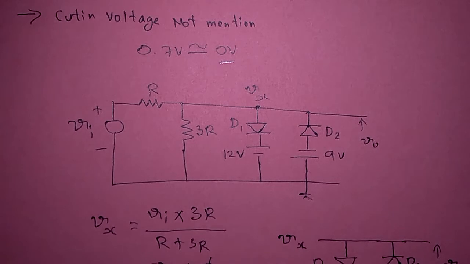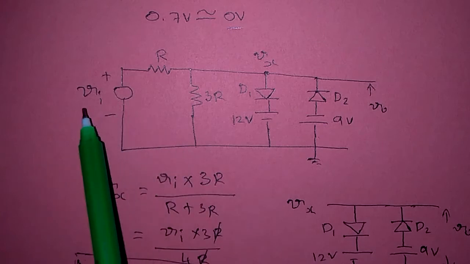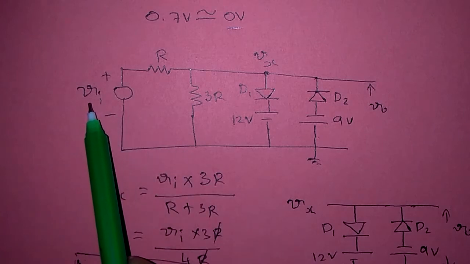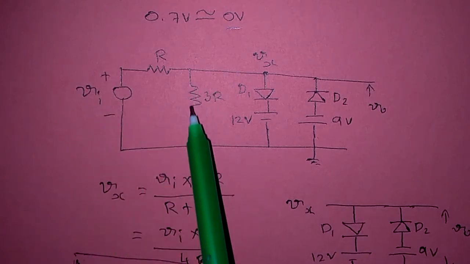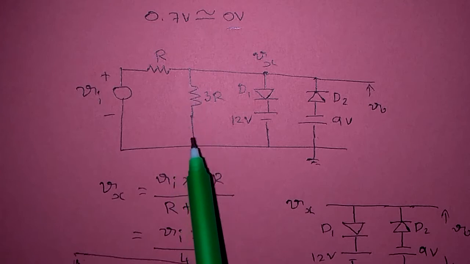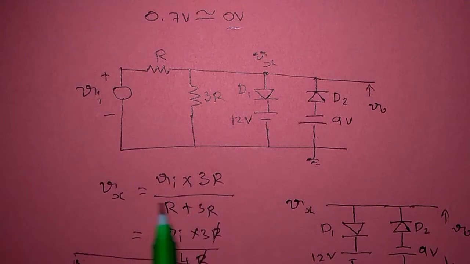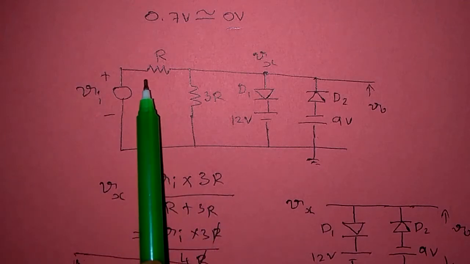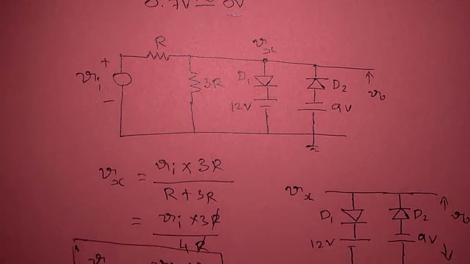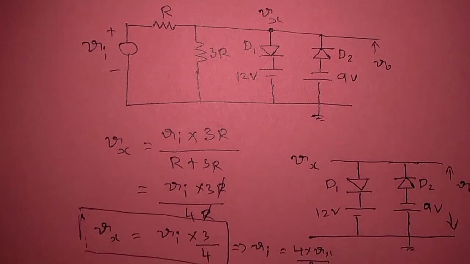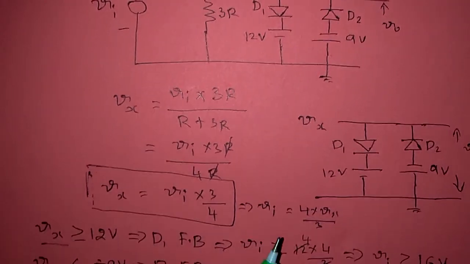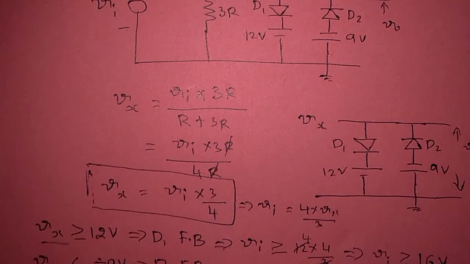So here Vx will be the product of the source voltage and the resistor connected between the required point and the ground, that is Vi into 3R divided by the total resistance, that is R plus 3R. If we simplify this, we will get Vx equal to Vi into 3 by 4.